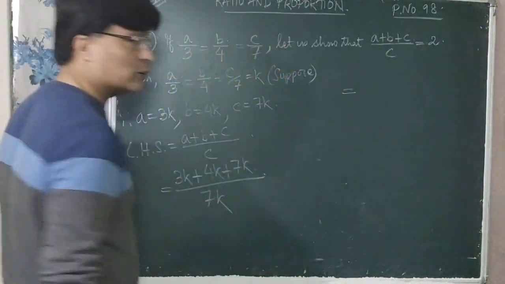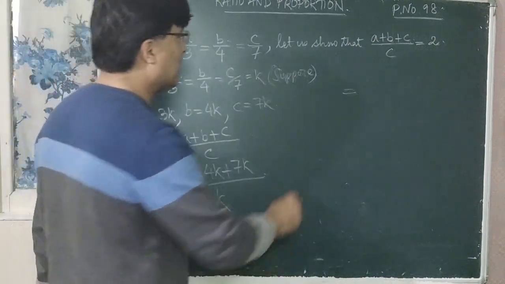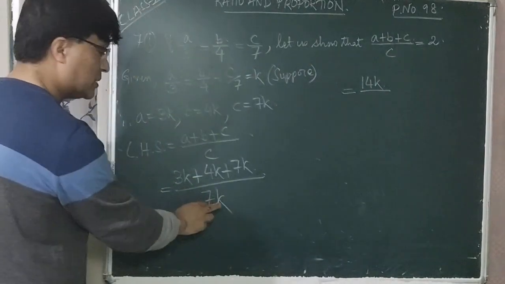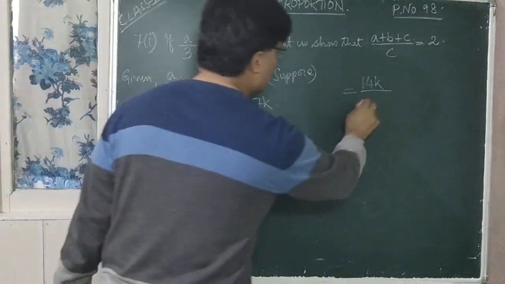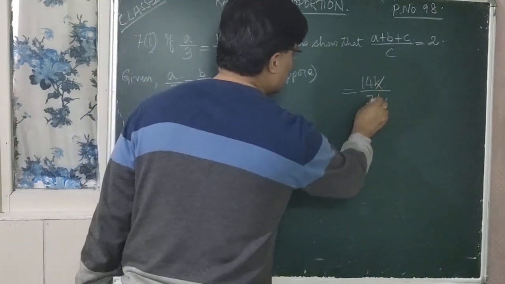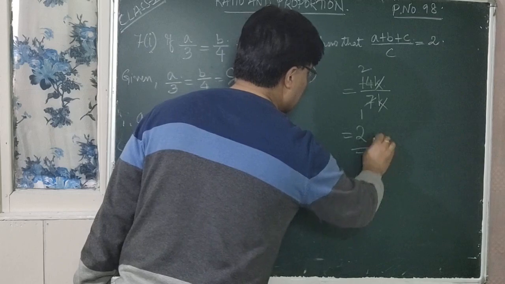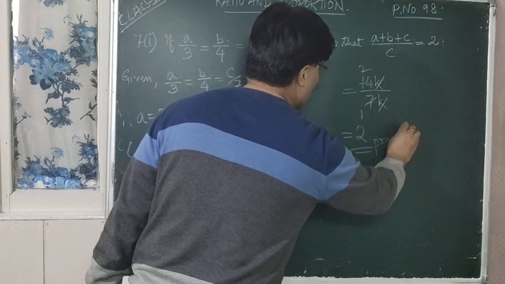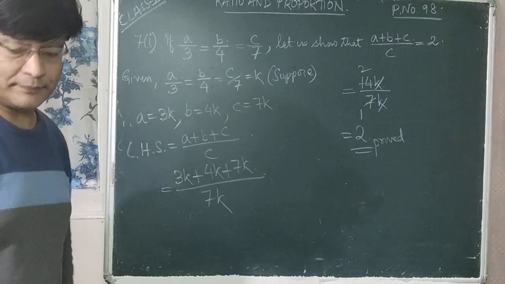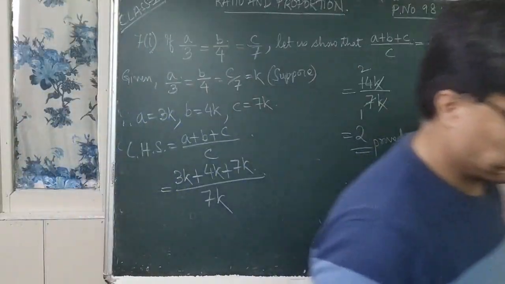So it is 3k plus 4k, 7k, plus 7k is 14k. So it is 14k divided by, what is in the denominator? It is 7k. So k gets cancelled. 7 1s are 7, 7 2s are 14. So what is the answer here? 2. Which is equal to your right hand side. Is that clear? So we'll do the next question now.